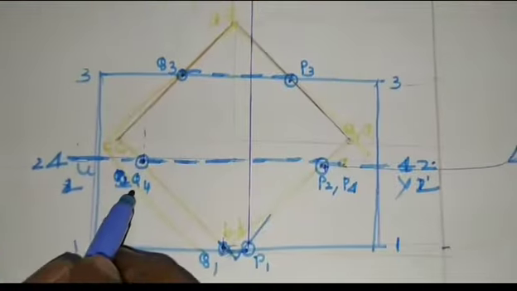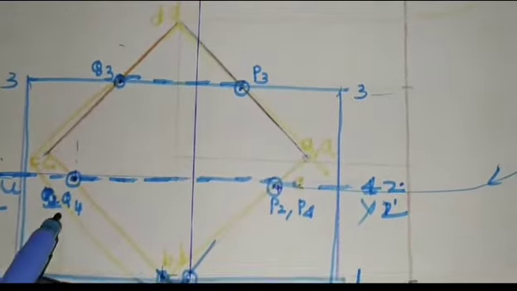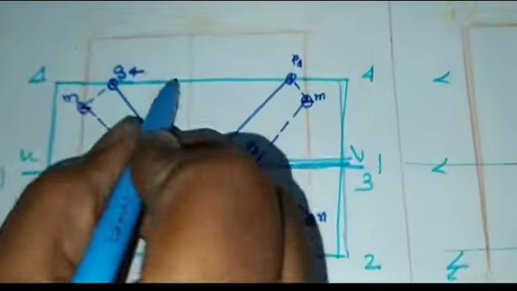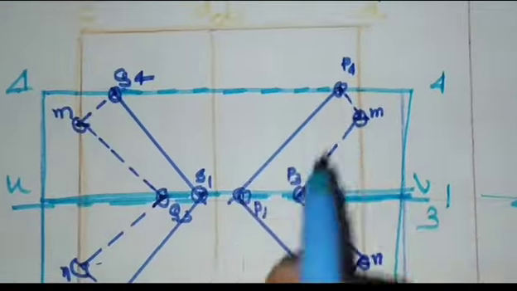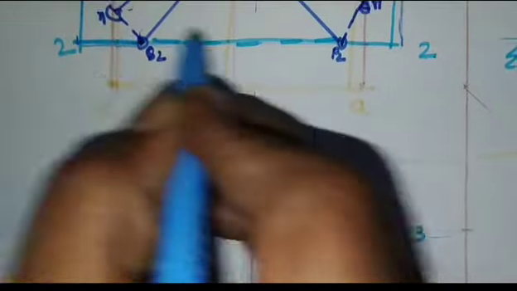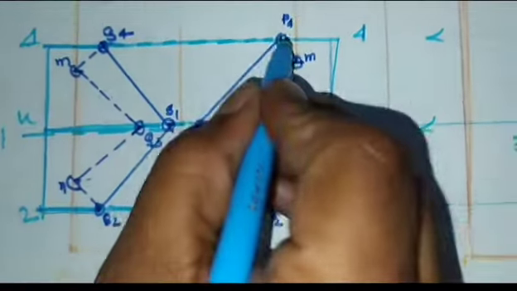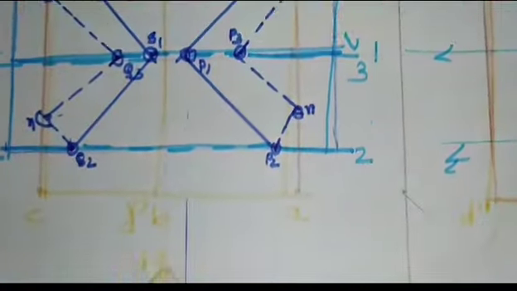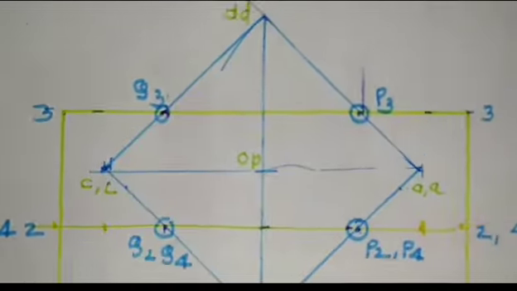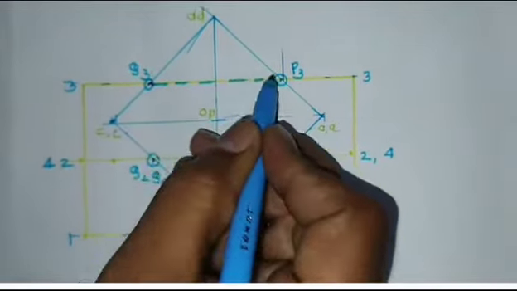Here Q2 and Q4, P2, Q2, P2 and Q4, P4. This will be the dotted line. And this will be the dark line from P2 to 2 and Q4 to 4, P4 to 4. Similarly here, Q3 to P3 the dotted. Where is Q3?